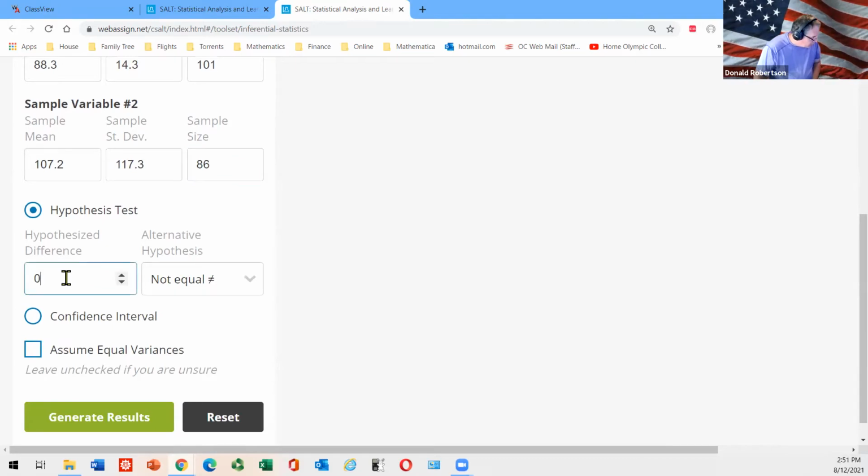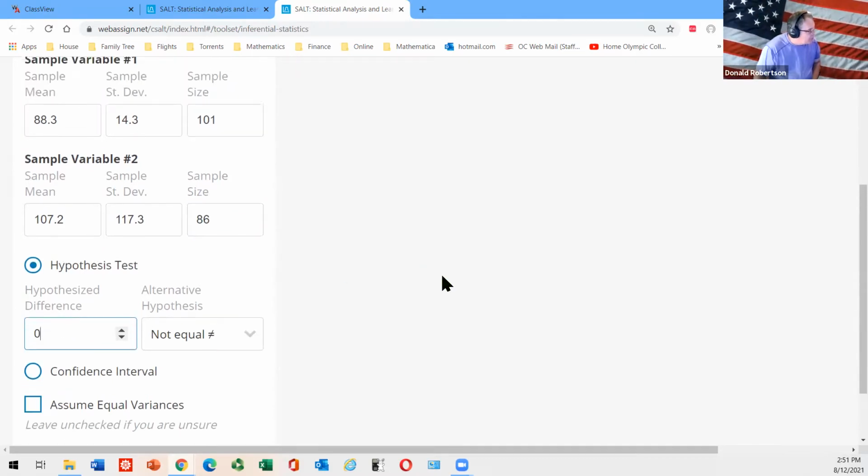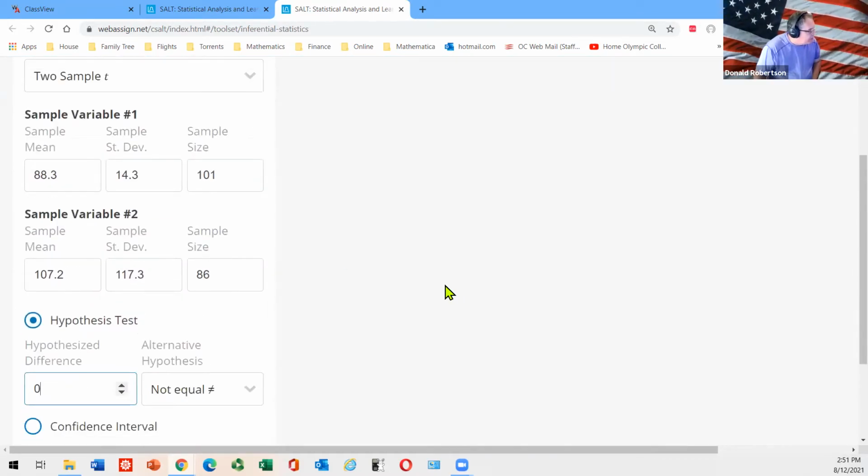And that's always going to be 0. We are trying to prove here, assuming that men went faster than women, that seems reasonable. Is that going to be greater than, less than, or not equal to 0? Women would be less than, yeah.